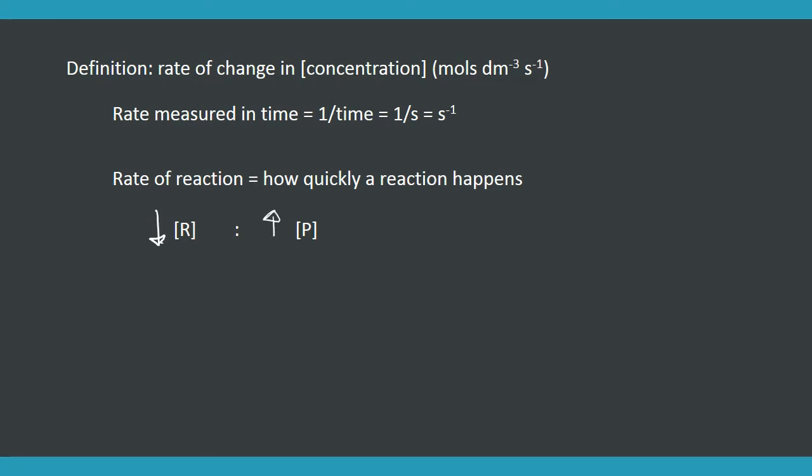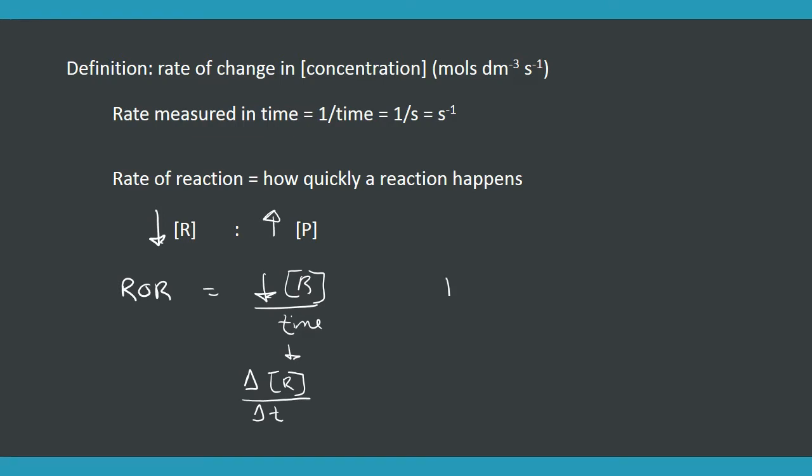So if we're looking at how quickly this is going to occur, our rate of reaction, which I will shorthand ROR, is going to look at the decrease in the concentration of my reactants over time. Ideally, we are looking at the change in the concentration of my reactant over the change in time, or the course of the reaction.